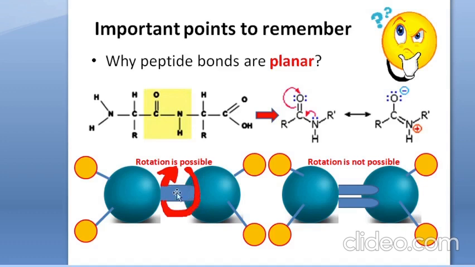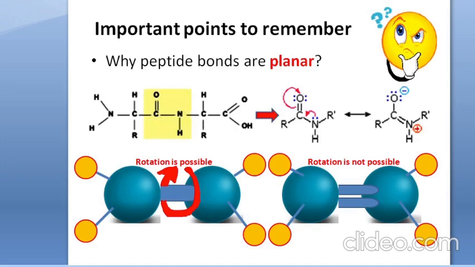That is why these two atoms may not exist in the same plane, because rotation is possible. The same thing should also happen with C and N because they are connected through only one bond.